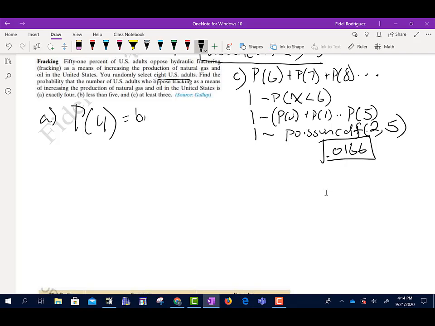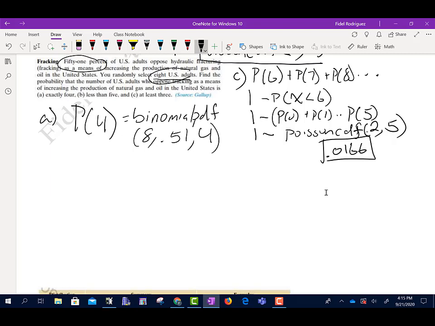So we're going to go binomial PDF, right? The number of trials. So number of trials, number of adults was what, 8? Okay. Oh, I'm sorry, the probability was 51%, so 0.51. And then our x value is 4.